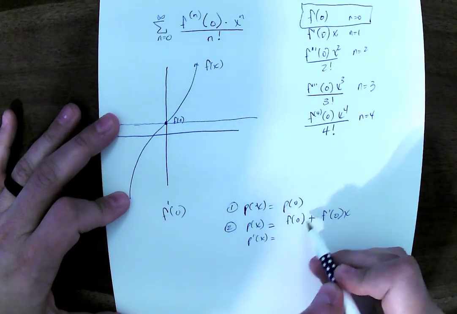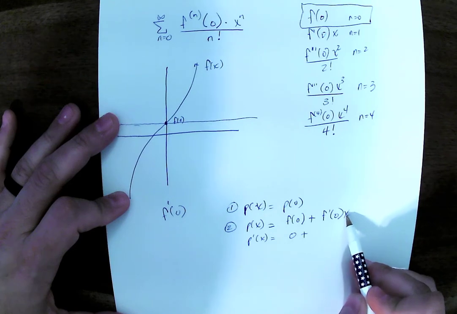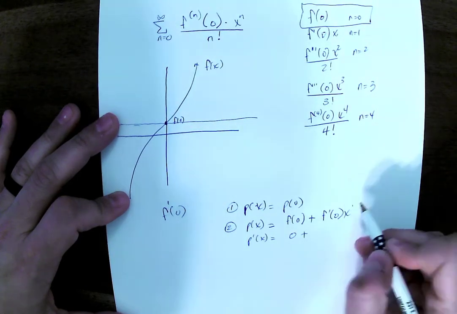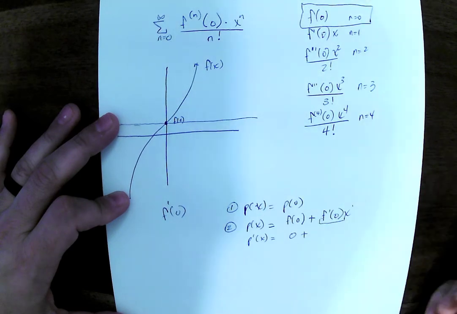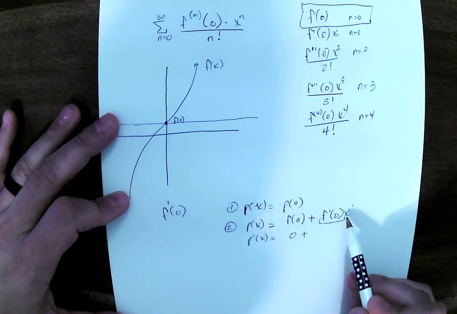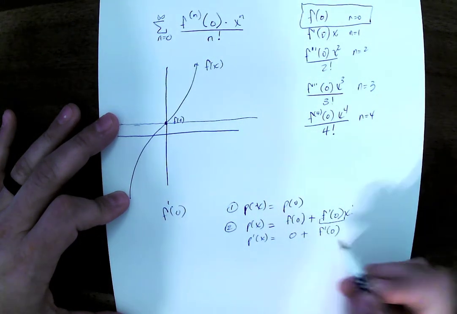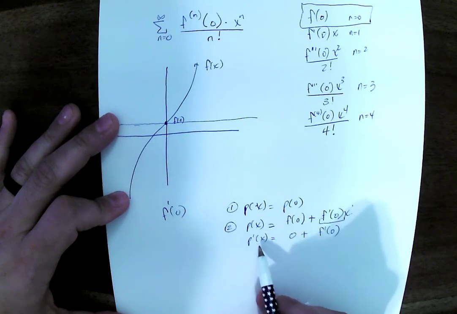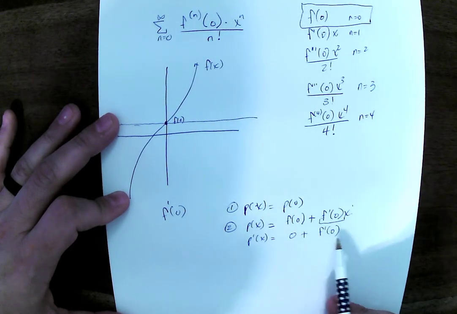This is just 0, so I get 0 plus. And then what I'm left with here is this is a power of 1. Remember that f prime of 0 is a constant as well. This is a constant times a variable. When we take the derivative of this, we're just simply left with this, which means that p prime of 0, in our case, happens to equal f prime of 0.